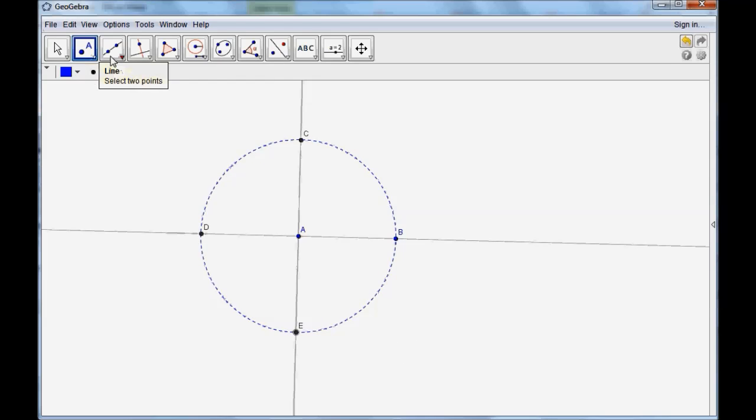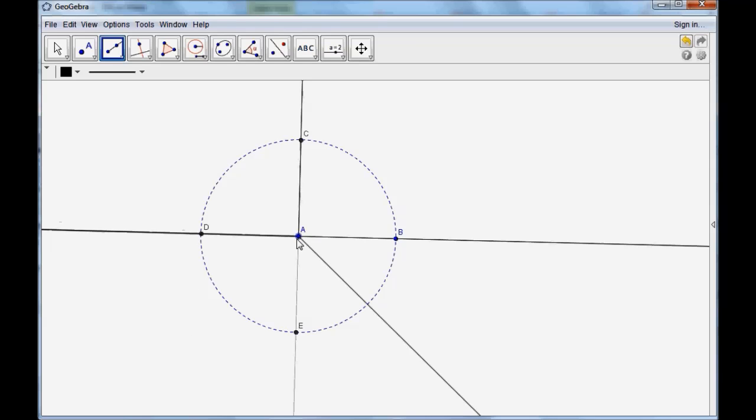Now select your ray tool, and let's make it a nice dark line. If I connect A to B and then A to C, I produce one right angle. If I extend AB to infinity in the other direction by connecting A to D, I now have two right angles. And if I extend CA to infinity through E, I now have four right angles. So in the modern definition of perpendicular, we can get 1, 2, or 4 right angles, as opposed to Euclid's definition, which produces 2.